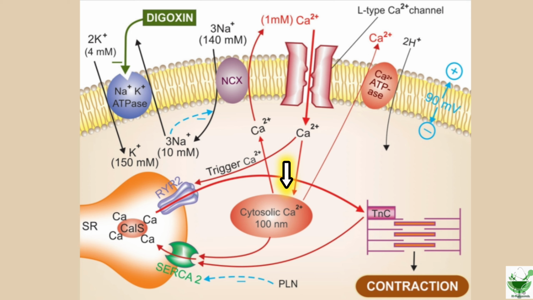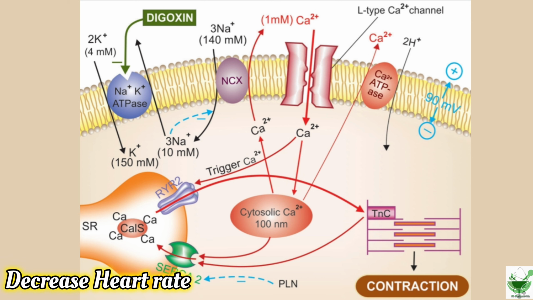Then this calcium concentration leads to the binding of more calcium to troponin C, which results in increased inotropy. Increased intracellular calcium lengthens phase 4 and phase 0 of the cardiac action potential, which leads to a decrease in heart rate.